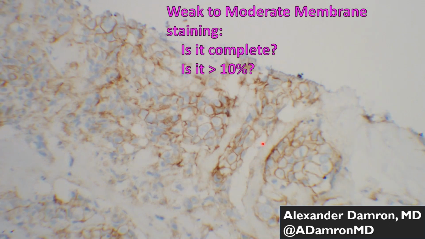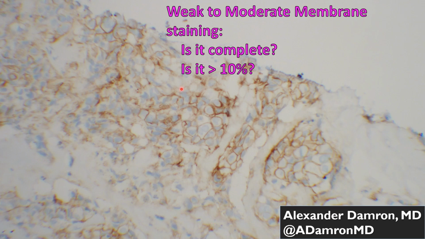And this is another example, right? So this is another example compared to the previous case. This is a different case now. You can see now the staining is a little bit more moderate, right? It's a little bit stronger than the previous case I showed, a more crisp, nice, clear, complete membranous staining. And again, what you need to ask yourself in these cases is, is it greater than 10%? Because this over here is clearly not 2+, right? This entire area, and even this down here and all this right here.